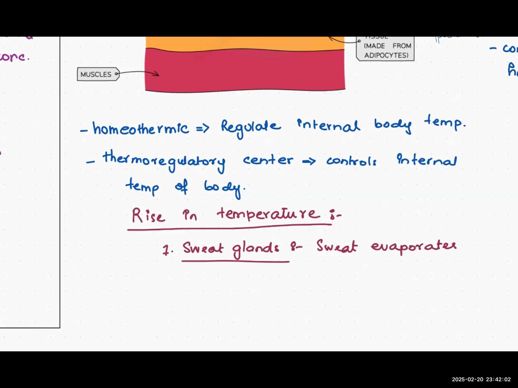So the sweat absorbs the heat energy from our skin, and then it changes from liquid state to gaseous state. So that makes our body cool down because heat energy is transferred from the skin to the sweat, and the sweat evaporates away. So this causes our body to cool down.